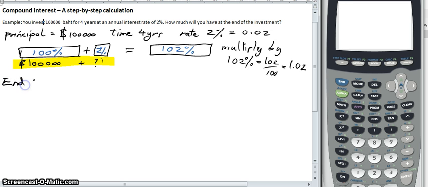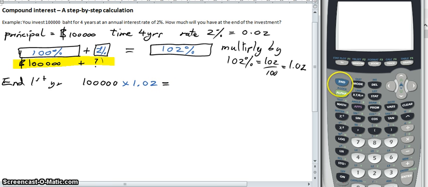So let's just write something down here. At the end of the first year, well, I started with 100,000. And then I added on 2%, which is the same as multiplying by that value there.